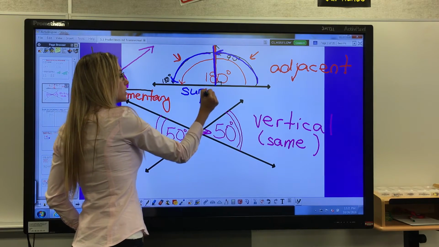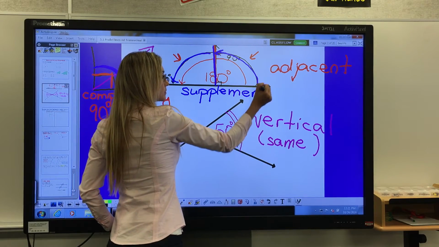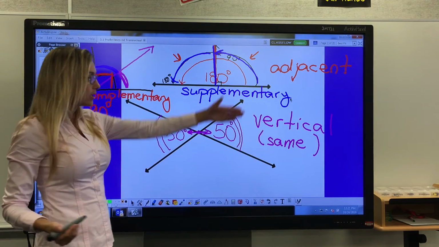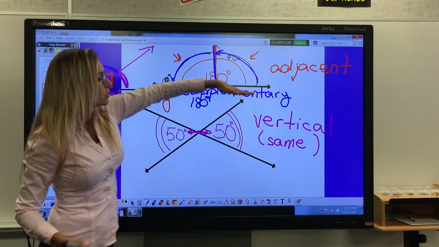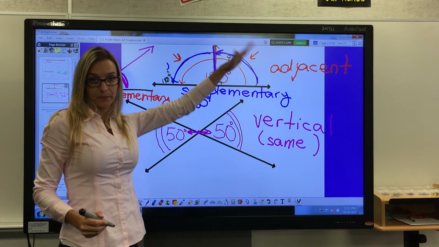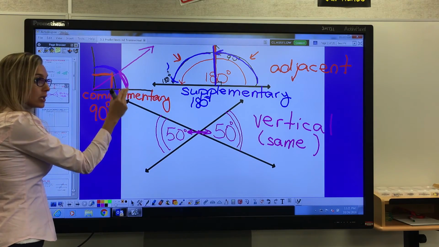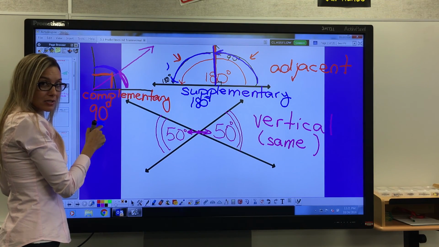So we have complementary and supplementary. Supplementary angles are giving me 180 degrees, straight line, half of a circle. Complementary, complement is the right thing to do, 90-degree angle.